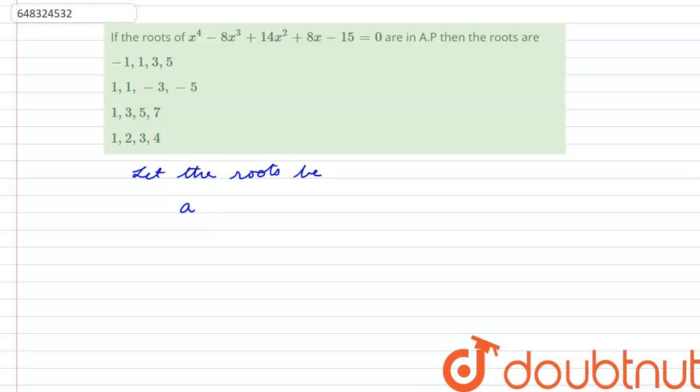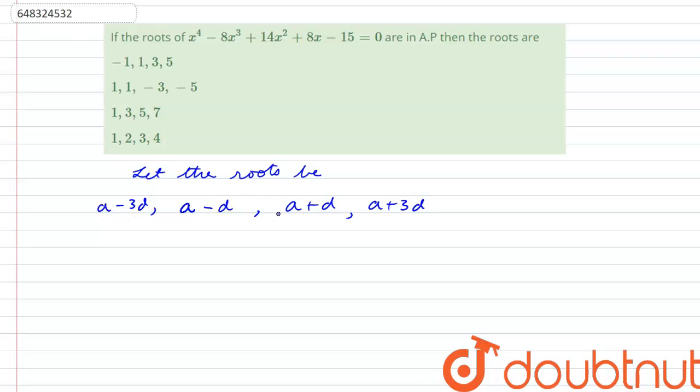Then we will have the terms as A minus D and A plus D. So these are two roots which differ by 2D, where 2D is the common difference. And let us say that another root is A plus 3D and another root is A minus 3D. These are also differing by 2D. So let these be the four roots. You will see why we took the common difference as 2D because we need to simplify the equations further.